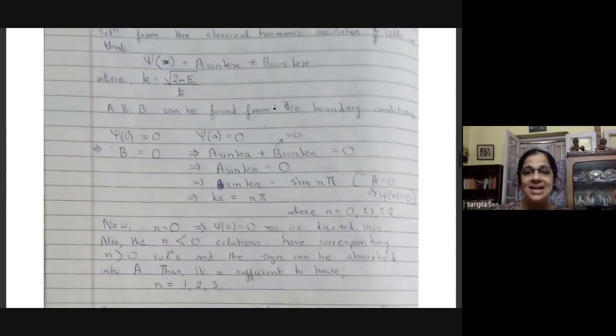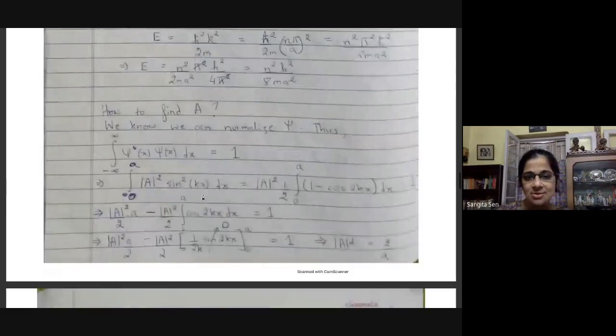So A sine kx. So mod A squared sine squared kx. Why am I writing it as mod A squared and not just A squared? Because A in general can be a complex number. That's why I write mod A squared, and then sine squared kx.